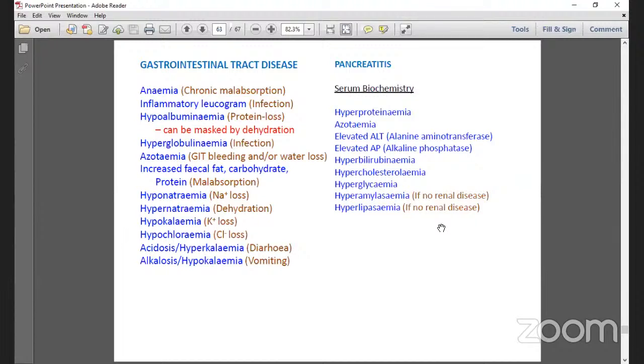That's why we might see an increase in ALT and alkaline phosphatase. There will be hyperbilirubinemia, which can lead to jaundice later on. At the same time, you might observe hypercholesterolemia, hyperglycemia, hyperamylasemia, and also hyperlipidemia.